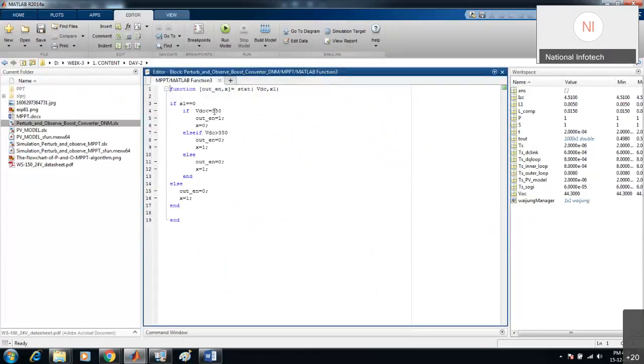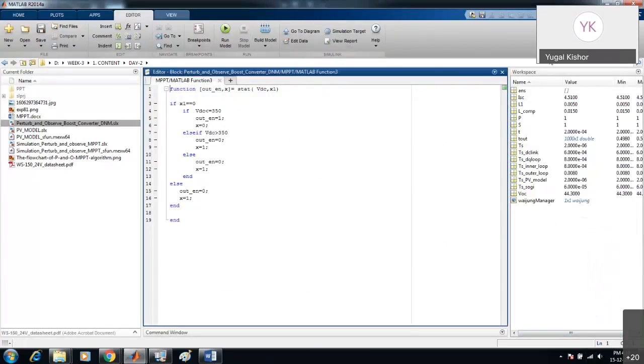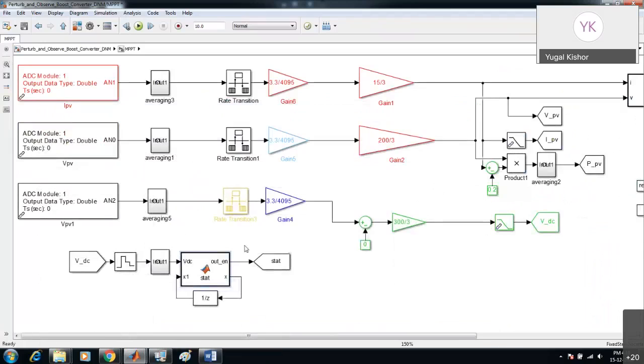This particular function takes care of the maximum voltage of the DC link. Suppose this limit is crossed, then it will automatically change the state to 0.